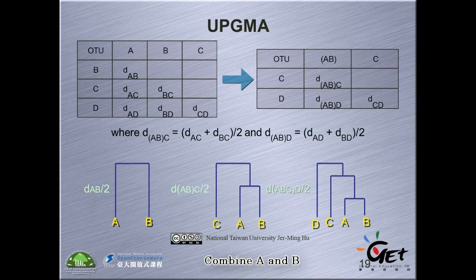Combine A and B and it becomes (AB), and you remake another distance matrix based on that, with AB as a new taxa or new sequence, and then compare to C and D. The distance between C and D will be the same as here, so you only need to recalculate these two.